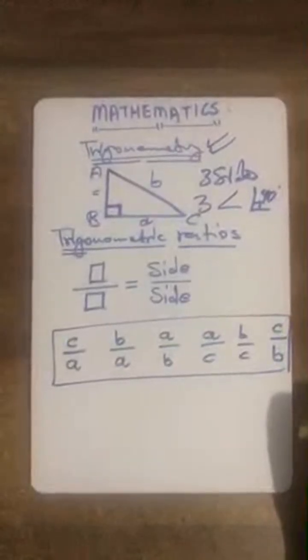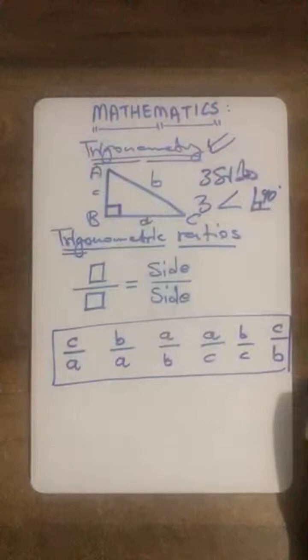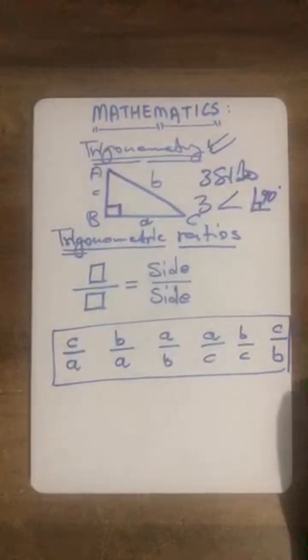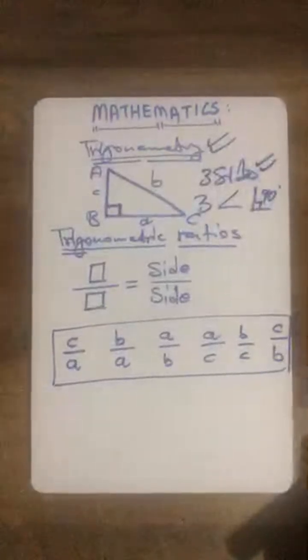Let's try to be smart and rearrange these ratios accordingly. And the best way to go about that is to name these sides. Since we are having 3 sides, let's come up with the names that we will use to name these sides.